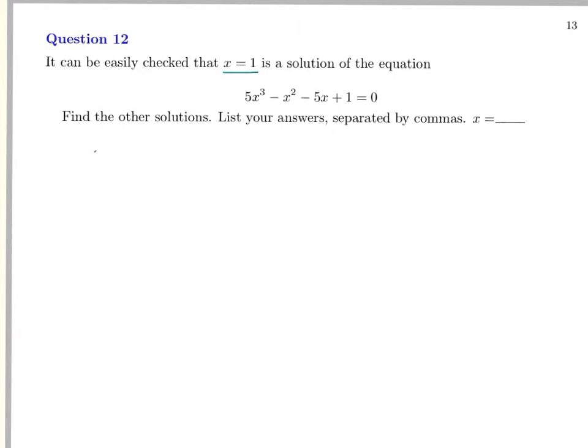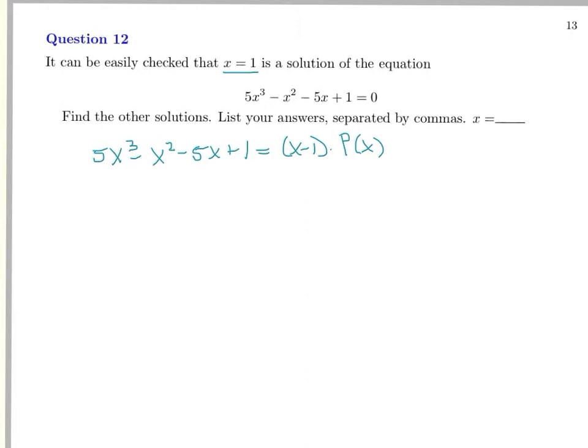So that means that I should be able to factor this into x minus 1 times some polynomial, which is going to be a quadratic. And once I figure out what that quadratic is, I can factor it because I know how to factor quadratics.